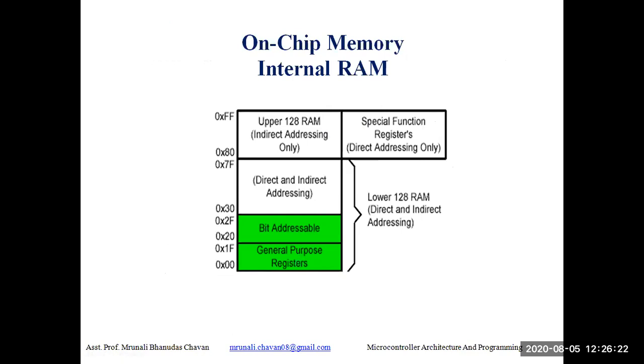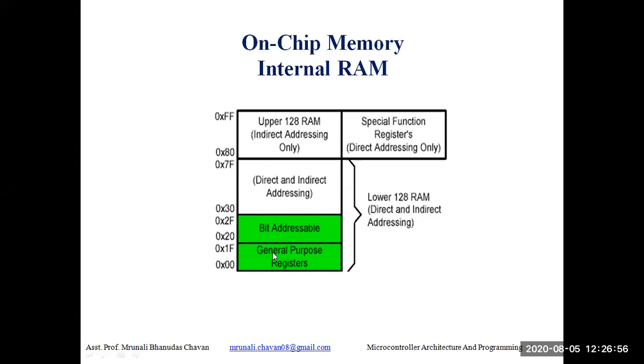There may be a question in the exam like: explain the internal RAM organization of 8051, or with a neat diagram explain the internal RAM organization of 8051. The 8051 microcontroller has a 128 byte internal RAM, that is 00 to 7F. These 128 bytes are organized in 3 distinct areas.